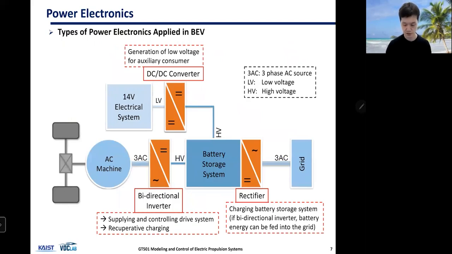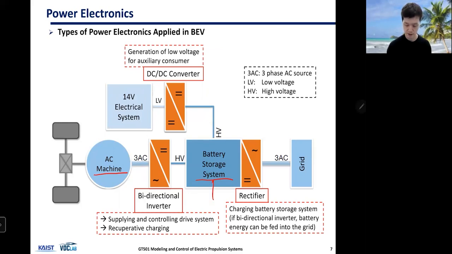This is an example of how converters are used in electric powertrain. For instance, let's say you have a AC machine, AC electric machine, and then you have a battery. These two are the main electric powertrain component you can think of right away.